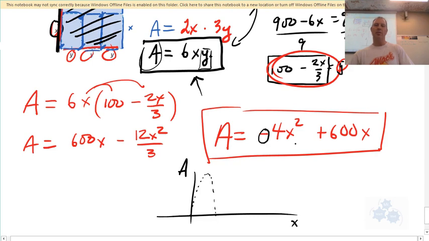It's going to open downward. It's going to have a y-intercept of 0. Okay? And we can pretty easily now either change this into vertex form or use x equals negative b over 2a and find the x value of the vertex. And that x value is going to give us the maximum area.